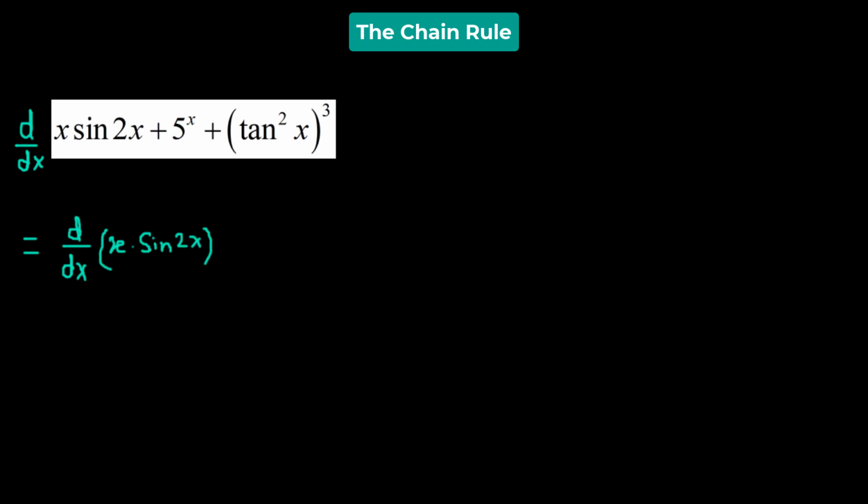So this will be the first derivative plus the derivative of 5 raised to the power of x plus the derivative of 10 squared x whole raised to the power of 3, which can also be written as 10x raised to the power of 2 times 3, which is simply 6x. Now here we're going to treat x as the first function and sine 2x as the second function.